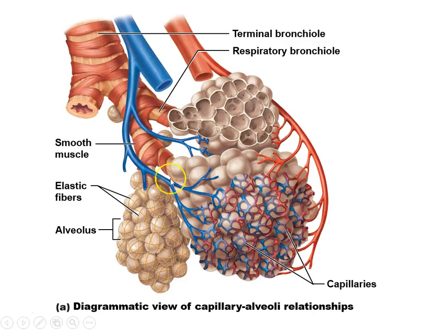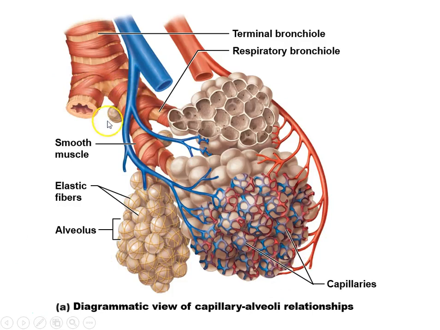So here you can see we'll have deoxygenated blood coming in through the pulmonary arteries, going away from the heart. Capillaries get it oxygenated, and when blood goes through the pulmonary veins, it's going to head back to the heart to get sent out to the body. And then on the outside of the capillaries, you've got these elastic fibers to allow for stretch.